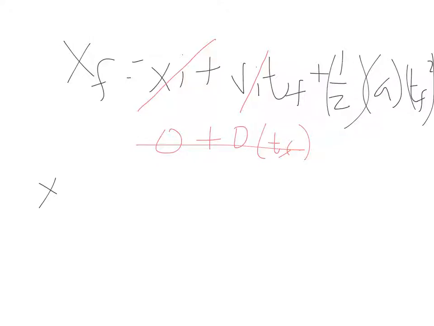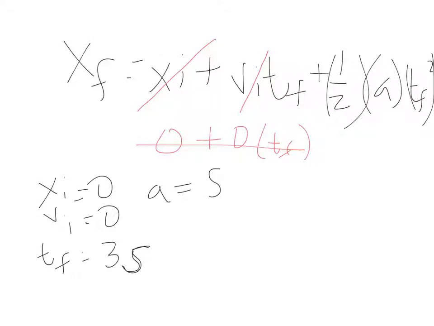So we have Xi is 0, VI is 0, TF is 3 seconds, and A, acceleration, is 52.4 kilometers per second squared. Okay, so let's do some math.